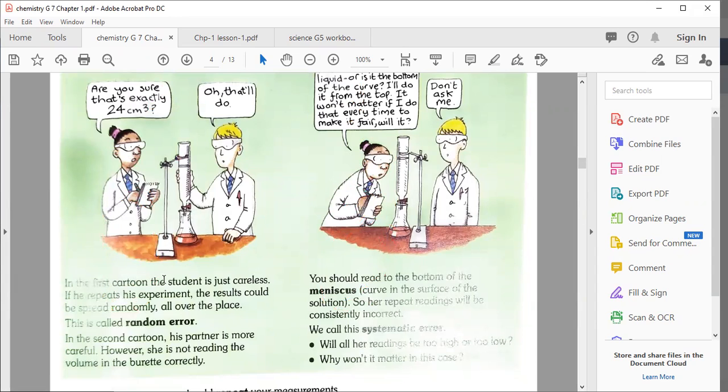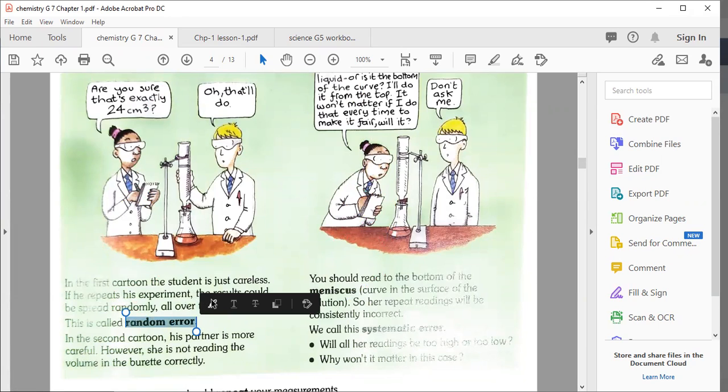In the first cartoon, the student is just careless. If he or she repeats the experiment, the results could be spread randomly. Results will not be the same, all over the place. This is called random error. So what is a random error?